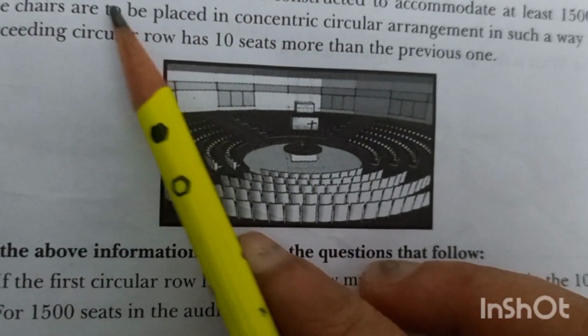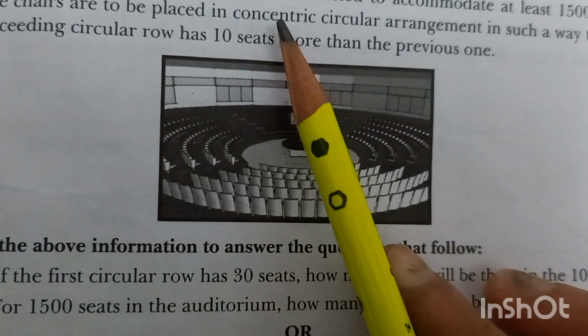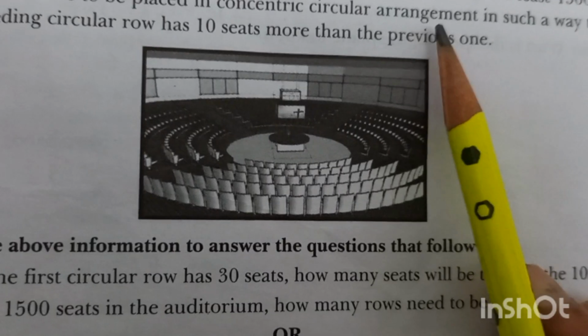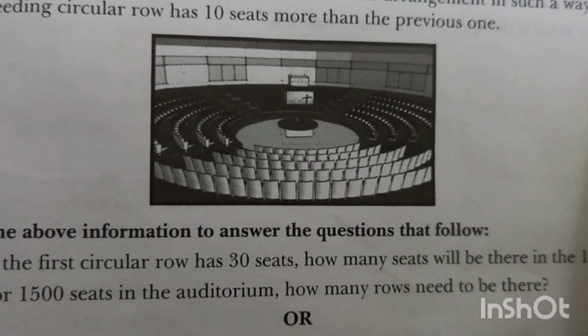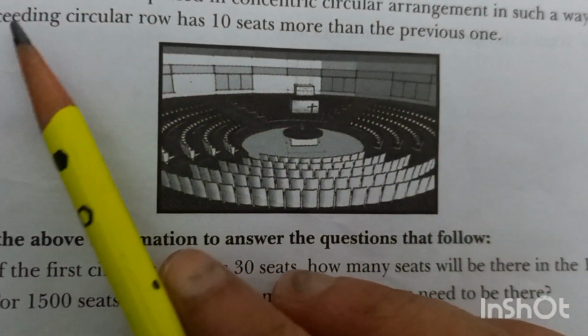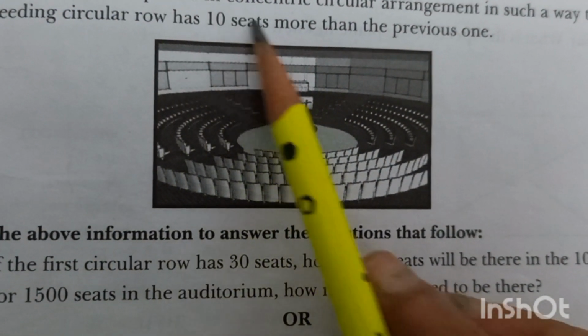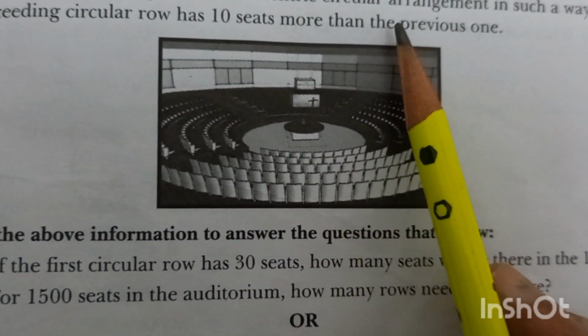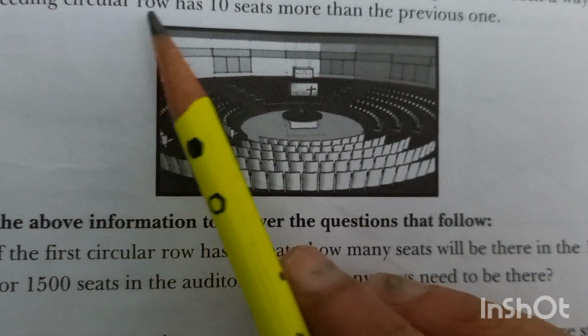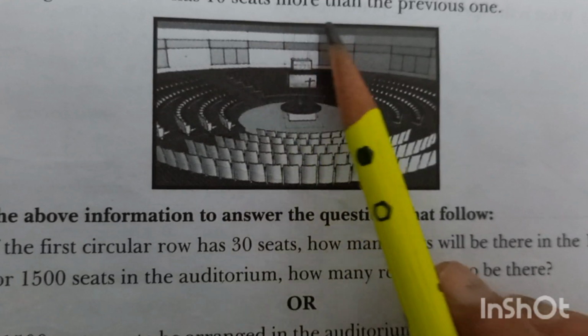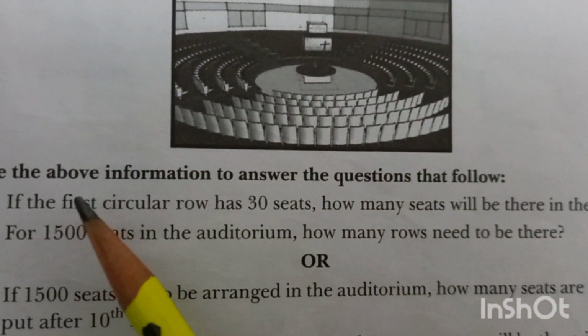Question number 37. The school auditorium was to be constructed to accommodate at least 1,500 people. The chairs are to be placed in concentric circular arrangement in such a way that each succeeding circular row has 10 seats more than the previous one.